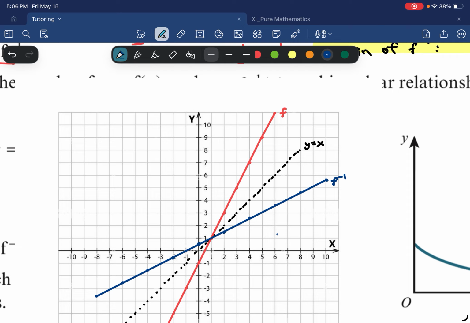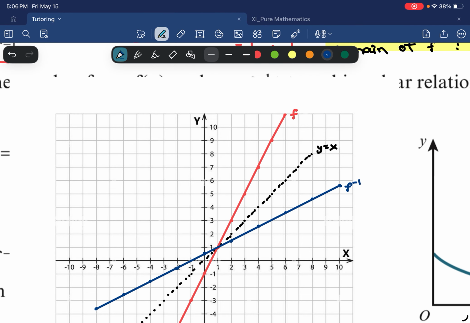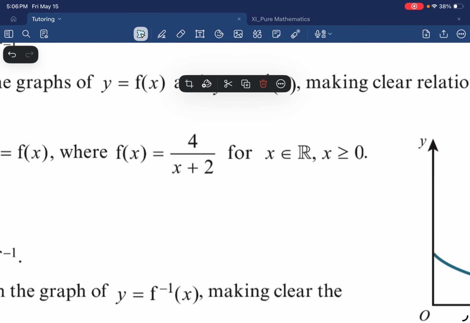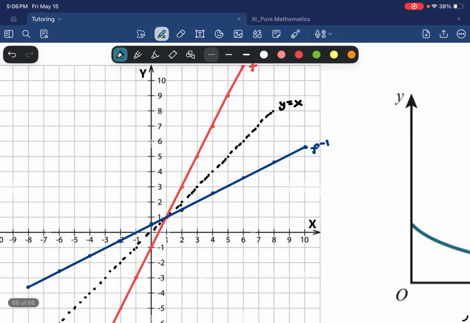So on my graph, I have the point 6 comma 11, I think. Yeah, 6 comma 11, so I should have 11 comma 6 on the graph. And it is, right? You can see that it is going to be on the graph. All right.